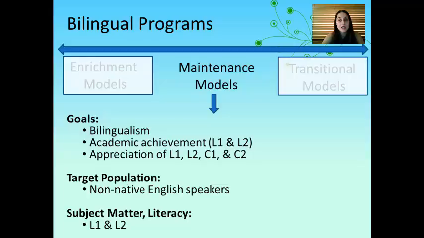Let's say if it's a Spanish-English program, they're going to continue to be teaching Spanish because we know that that helps students in learning that second language. And then when the teachers are teaching English, they're going to do it again in a sheltered way.